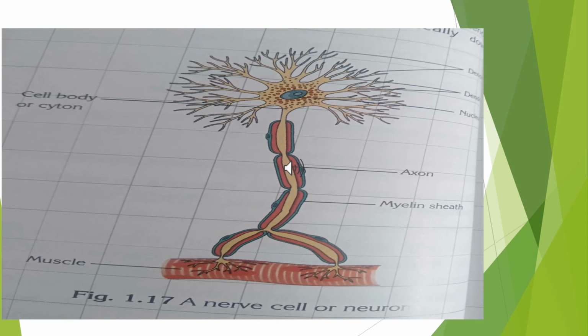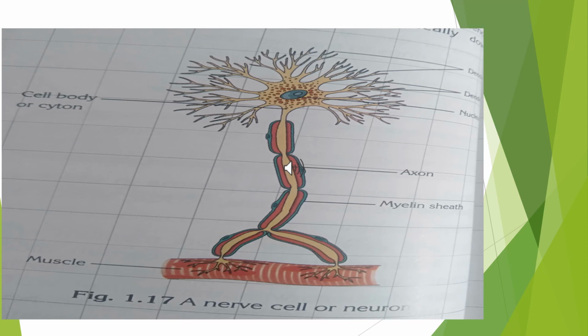Now, two neurons are connected between the nerve endings of one neuron and the dendrites of the other. There is a small gap called the synapse. In the synapse is present a neurotransmitter, a chemical that conducts the impulse chemically across it to the dendrites of the next neuron.